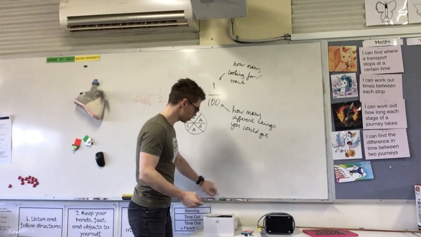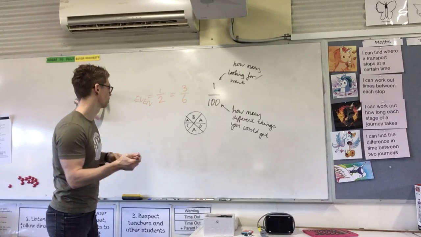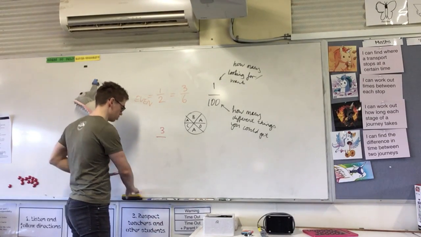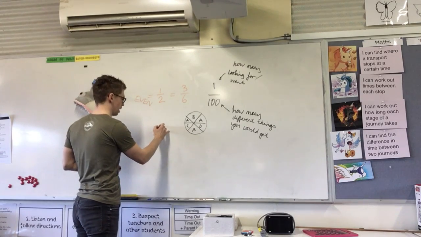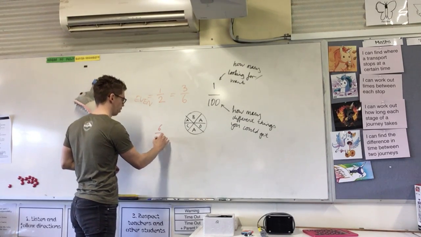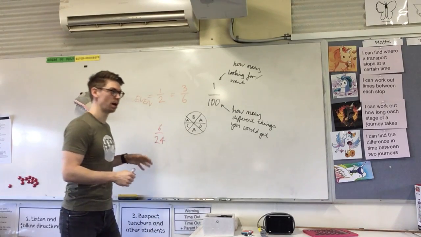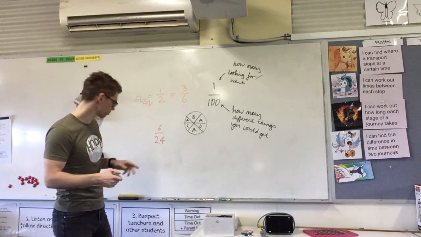Simplifying fractions, year 5, we have already done this. We've made them speak the same language. So, if I've got like 3 out of 6, actually let's choose a new one. Maybe it's 6 out of 24. And I want to simplify this. I want to make these numbers smaller.